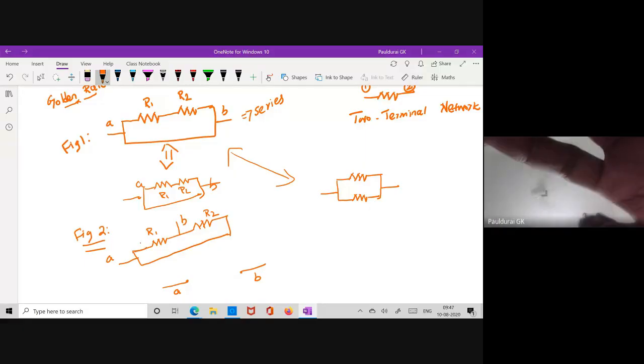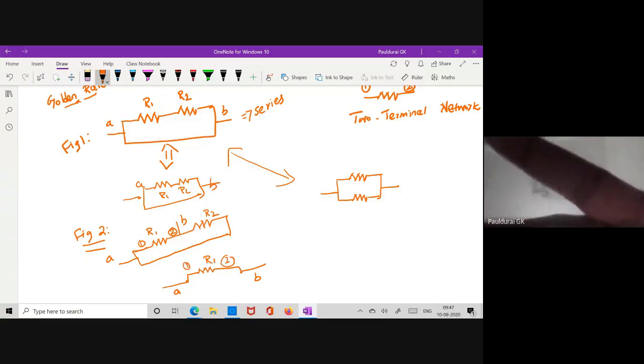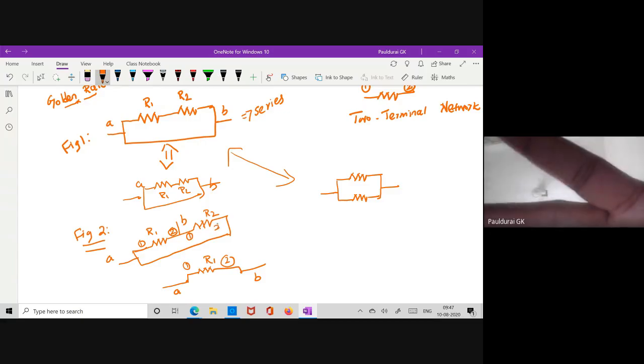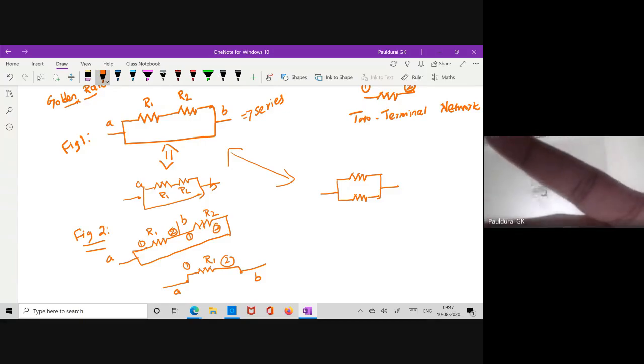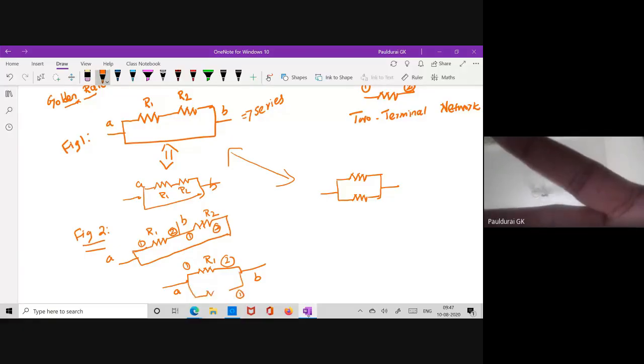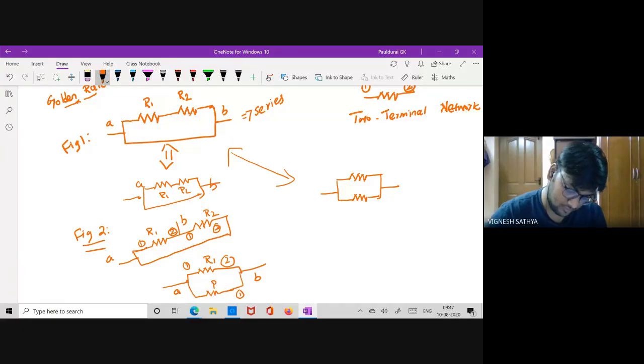R1, terminal 1 is here, terminal 2 is connected to B. Similarly for the other, terminal 1, terminal 2. There is no polarity for a resistor. So now this is terminal 1 and this is terminal 2. So this is R2.